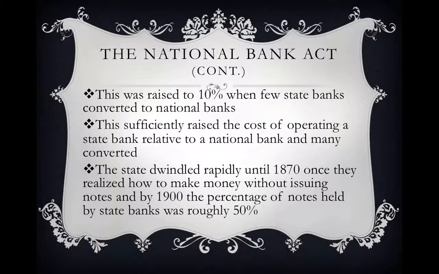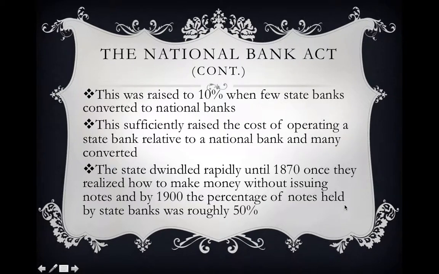All right, realize that state banks dwindled up until about 1870. I just want you to realize that this dwindled, but again, the state banks figured out how they could make money without issuing notes. What happened is that the state banks realized that they could still do business without issuing state bank notes, which they were being taxed very heavily on.